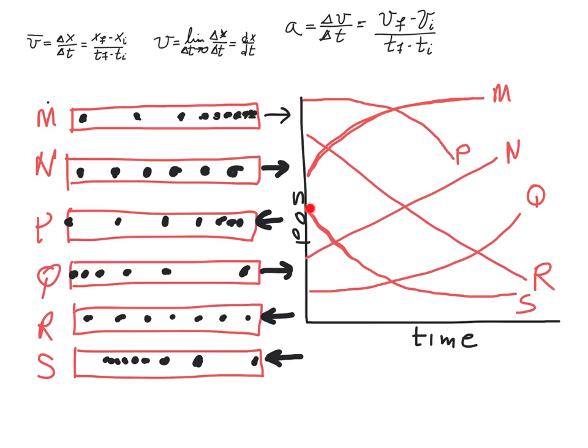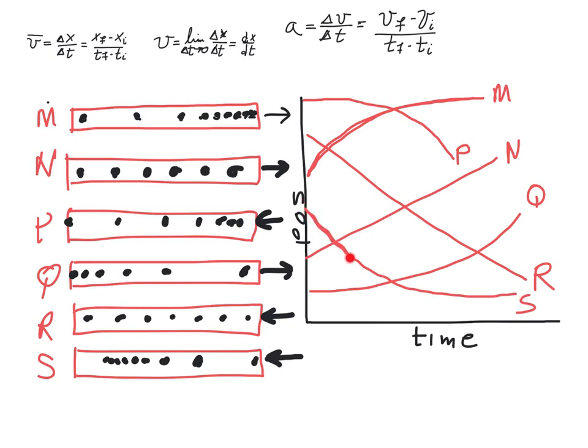And S starts with a big negative velocity. Why? Because the slope is negative, and then the slope goes to 0. The slope of the curve is the velocity, the dx/dt.